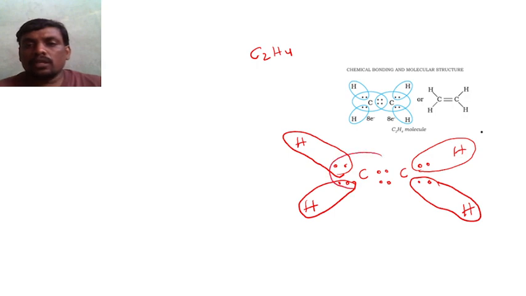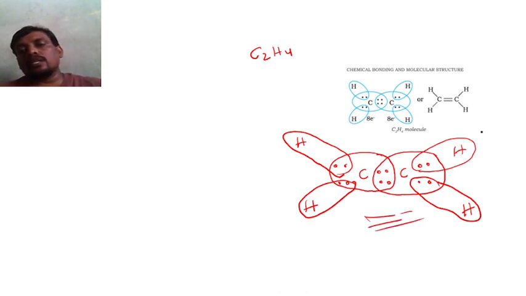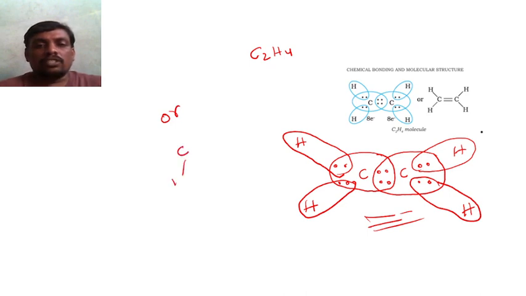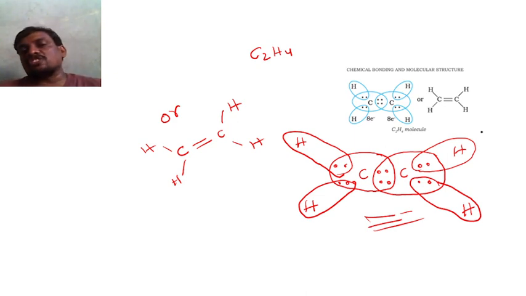Here carbon is going to be joined like this, and the second carbon is also going to form a bond with the hydrogen atoms like this. This type of bonding is called a covalent bond, which can also be represented like this: CH2, here also CH2, and a double bond formation, as you know that two pairs of valence electrons are shared.